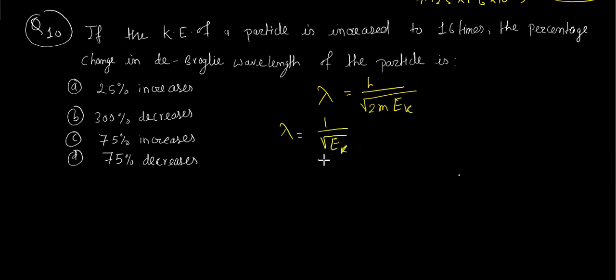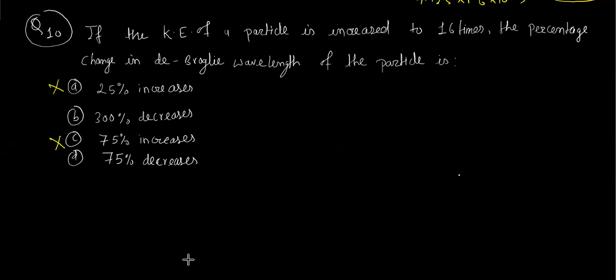Here we can confirm that as kinetic energy is increased, wavelength must decrease. So option A and option C can be eliminated. Our probable options are option B and option D. So let us find it by calculation.